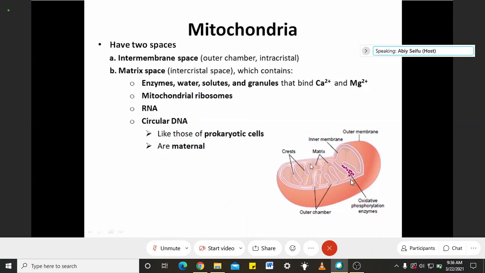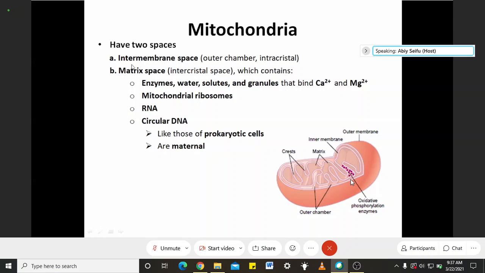Because of the foldings of the inner mitochondrial membrane, we have two spaces, two compartments within the mitochondria. One compartment is the outer one, which is found between the outer membrane and the inner membrane. We call this the outer chamber, or intermembrane space.